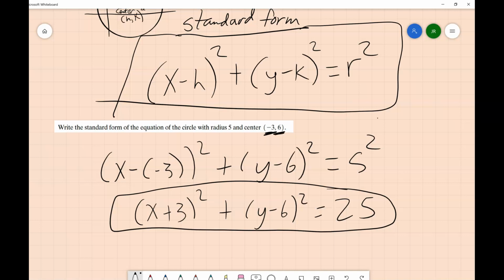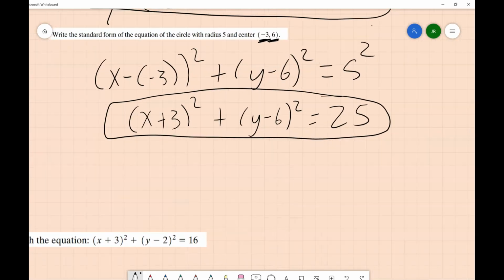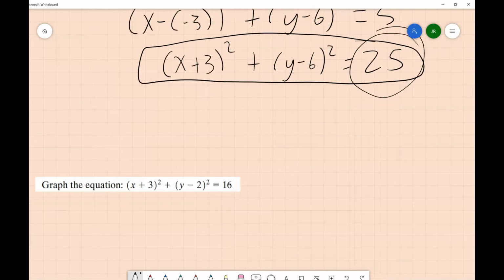Notice that's a positive 6, but in the equation it's y minus 6, and that's because of this formula. The formula is x minus h and y minus k. So it's always going to change the sign of that coordinate in the equation. And the radius will always become squared in the equation.